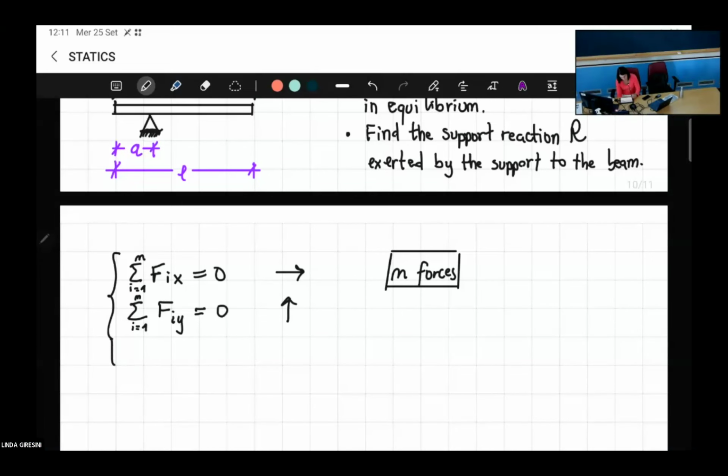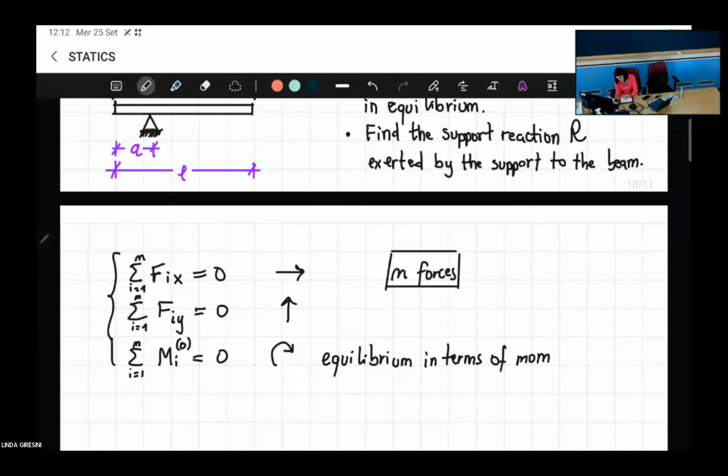And the last one is the sum, again, from i to n of the moments with respect to a pole point. Let's use maybe another term because we have already P. Let's use O, equal to 0. So these three are the equilibrium conditions. The third one is the new one that we are going to introduce, the equilibrium in terms of moments. Okay?